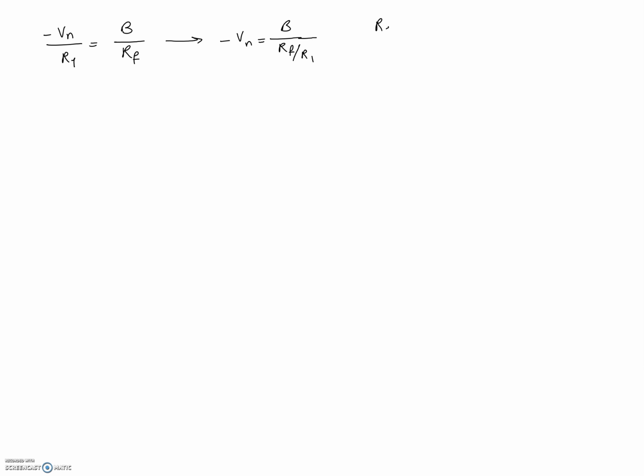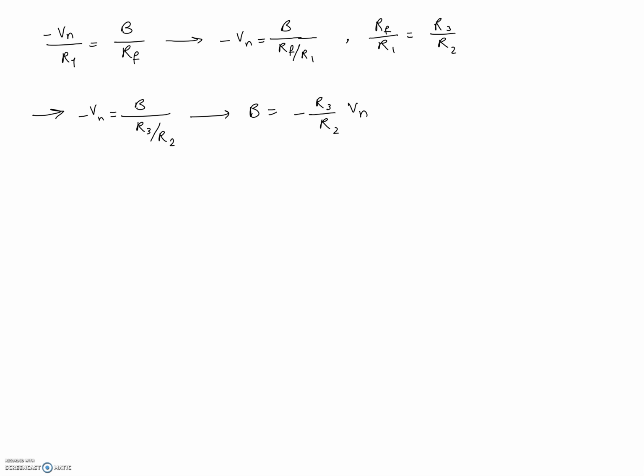From there, because Rf over R1 we set it to be equal to R3 over R2, then negative Vn is going to be equal to B over R3 divided by R2. And from there, I know that B is equal to negative R3 over R2 multiplied by Vn. So I'm going to replace this value in equation 2 and calculate IL over Vi.